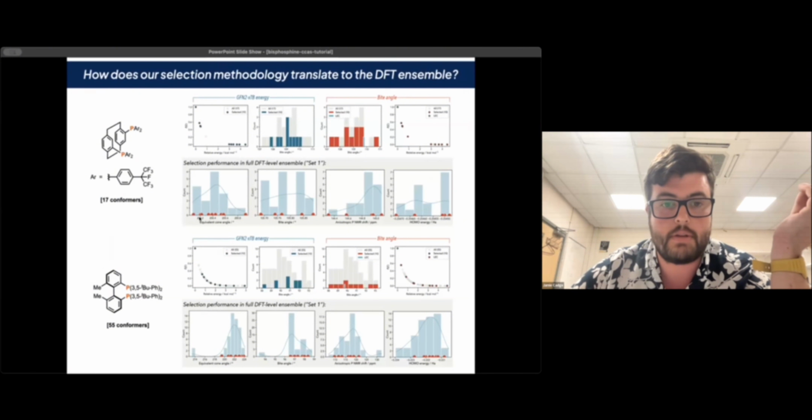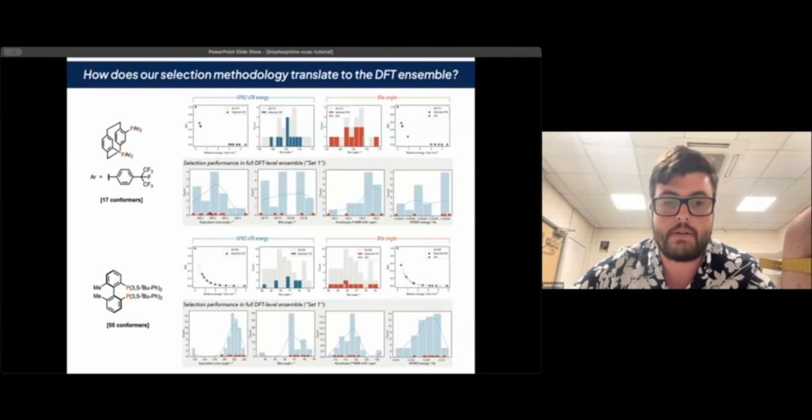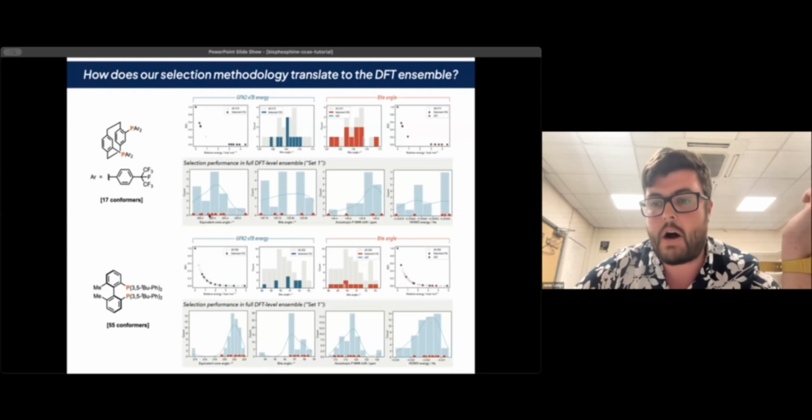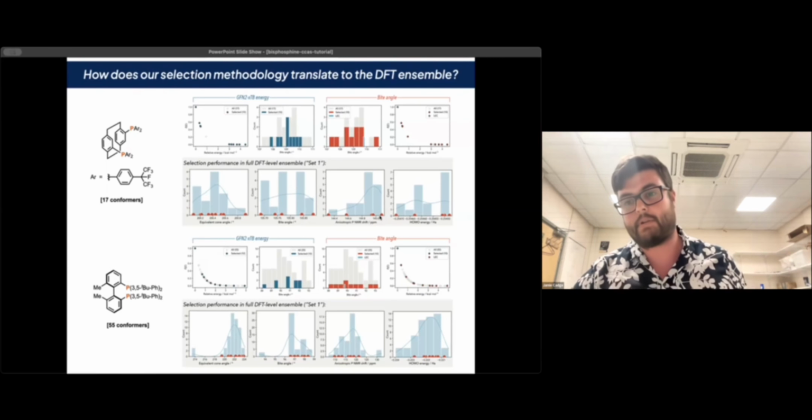This was where we calculated all of the conformers before we selected, and we use this as the basis to know that, because our set of about 12 ligands was pretty diverse across the library, we are probably going to get a good variation of feature values when we select, compared to what we would have from the DFT ensemble. But we didn't do a full analysis on that for the modeling, no.